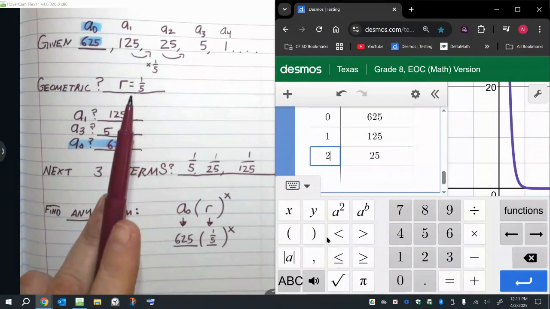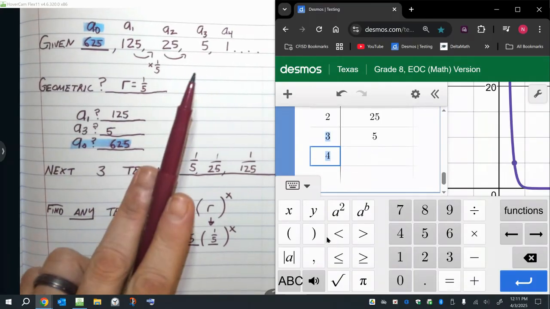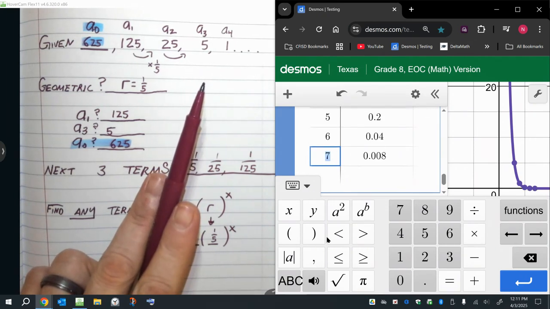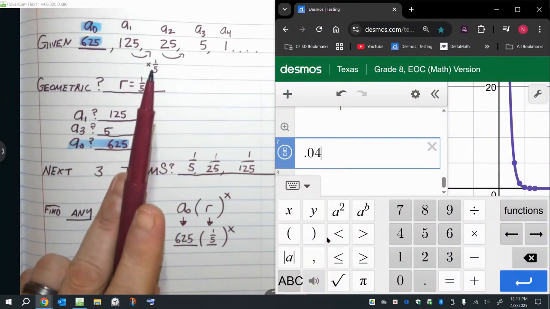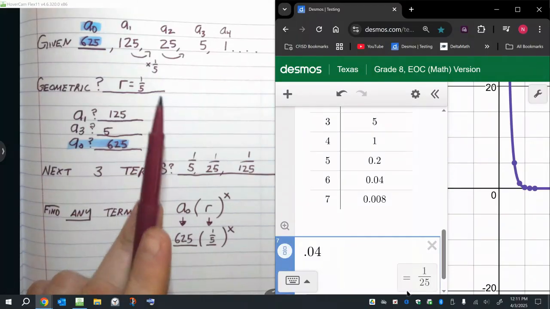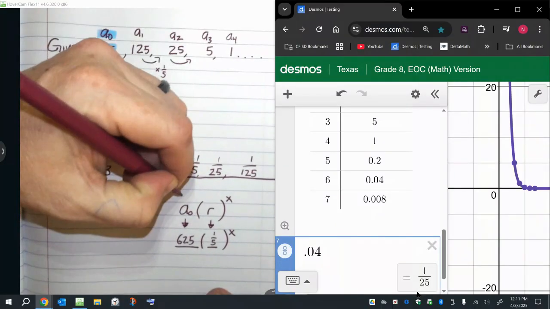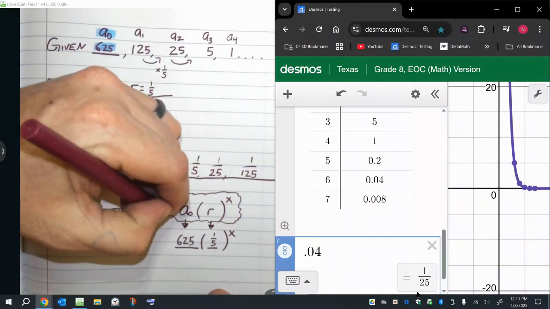And so if I go to 3 and I hit enter, at 3 is 5, the next one's 1, then 0.2, then 0.04. Well, wait a minute, what is 0.04? Isn't 0.04 1/25? So this is how you would find, again, this is what you need to find any term: a sub 0 and your common ratio.